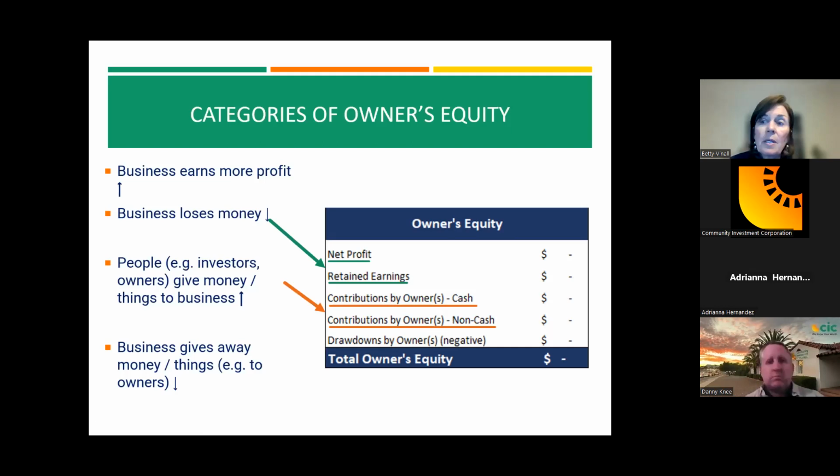When you or an investor gives money or a non-cash item to the business, then it's affecting the contribution by owner cash and the contribution by owner non-cash. And then the last one is when you take money out of the business to pay yourself, that's a draw, and that is going to affect the drawdown by owner, or on a lot of balance sheets, it's just called owner's draw.